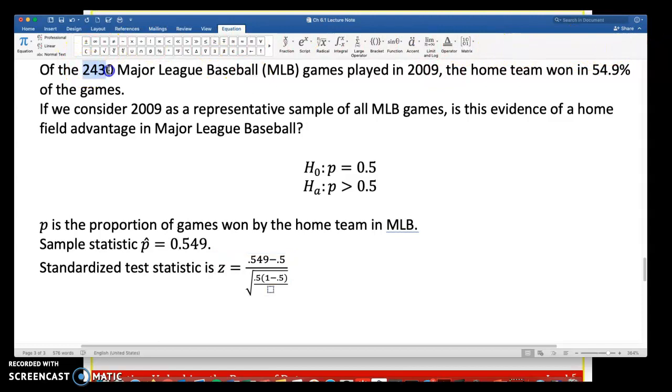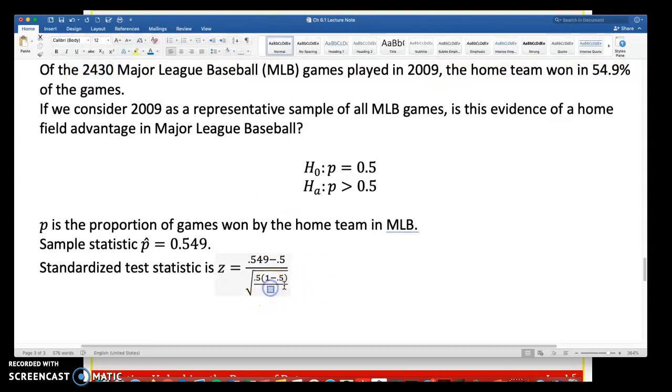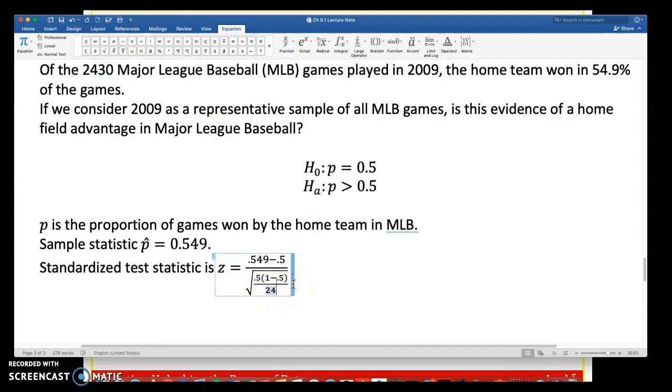That's 2430. And now if I throw this in my calculator, 0.549 minus 0.5, and then divide by the square root of 0.5 times 1 minus 0.5 over 2430, I get this to be 4.8309.